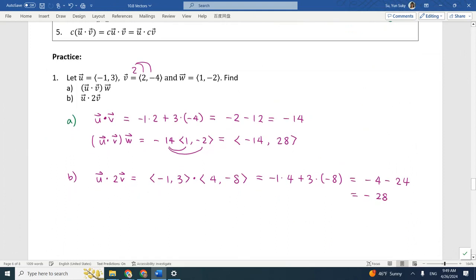Do you see this is double of -14? Yes, that is because u dot 2v is 2 times u dot v. You can move the 2 in front, and you already have -14, so you can multiply by 2.